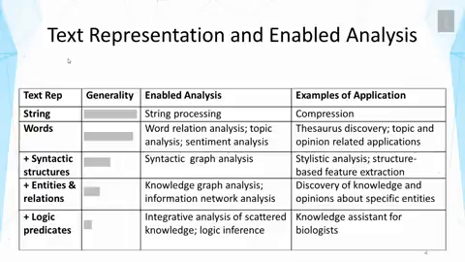A good example of application enabled by this level of representation is intelligent knowledge assistant for biologists. And this is an intelligent program that can help biologists manage all the relevant knowledge from literature about the research problem, such as understanding functions of genes. And the computer can make inferences about some of the hypotheses that the biologist might be interested in.